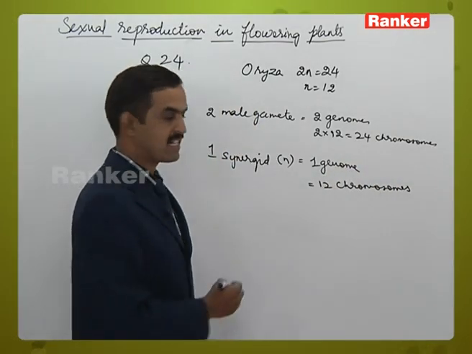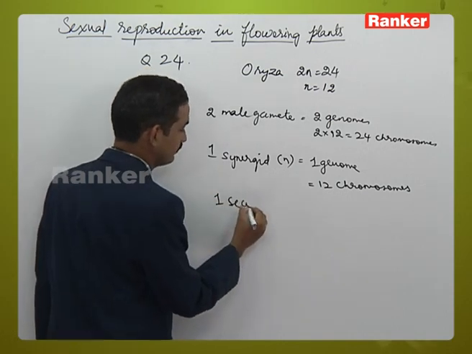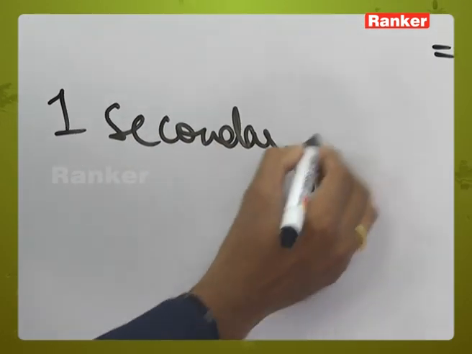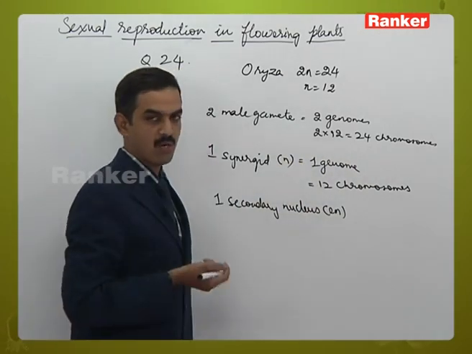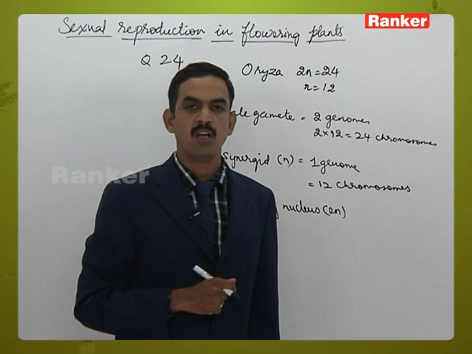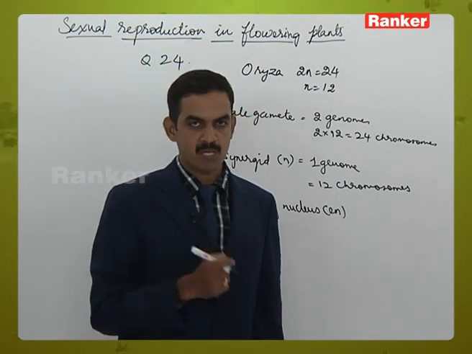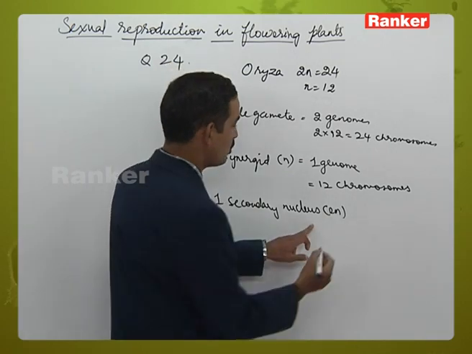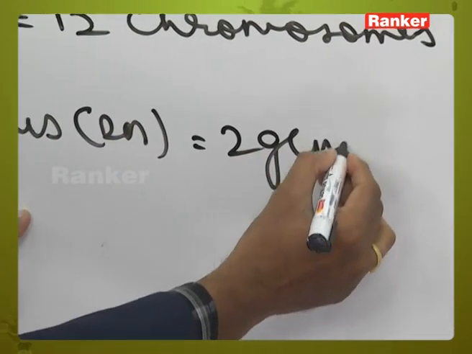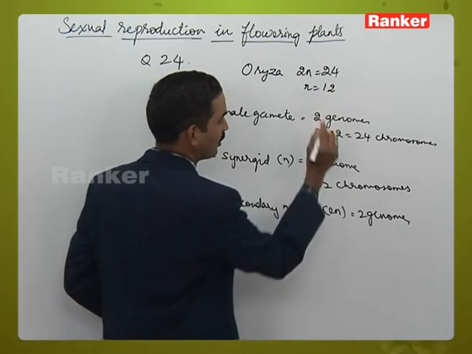Third one is 1 secondary nucleus. The secondary nucleus is diploid. Why? Because it is formed as a result of the fusion of the haploid upper polar nucleus and the haploid lower polar nucleus. So 2 genomes are present, and each genome contains 12 chromosomes.